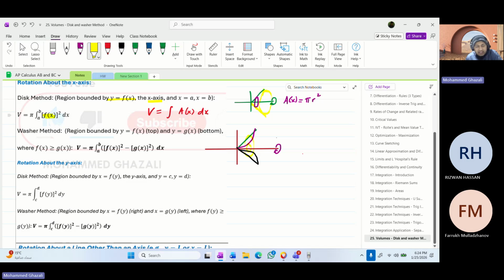In this case, you get a washer. The cross section will be a washer. A washer is two concentric circles. They share the same center. You have a smaller radius and a bigger radius. To find the area of this cross section, which is this part over here, we need to take the bigger radius, the outer radius, minus the inner radius.